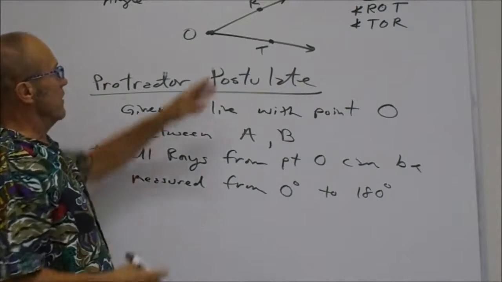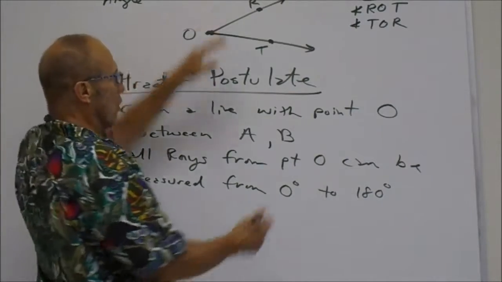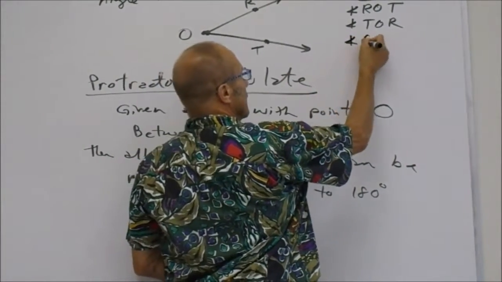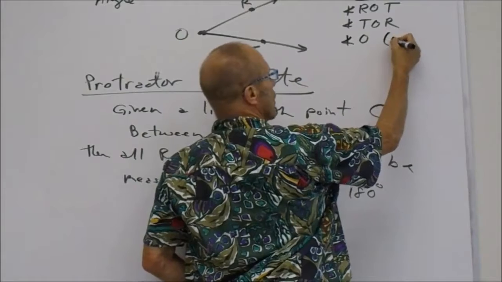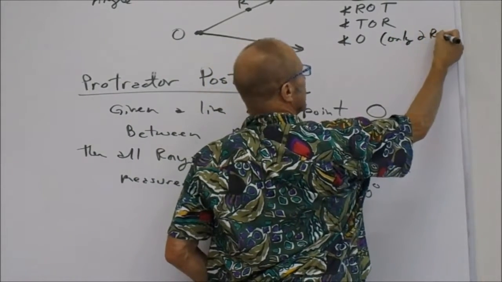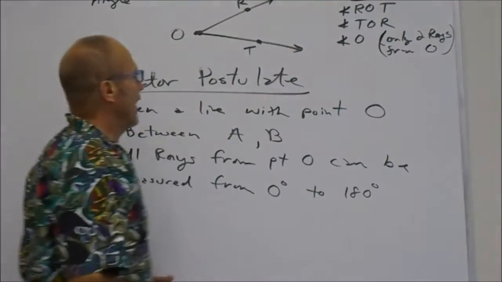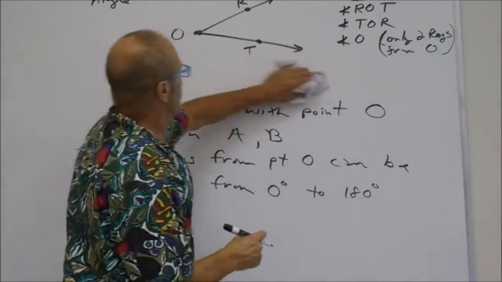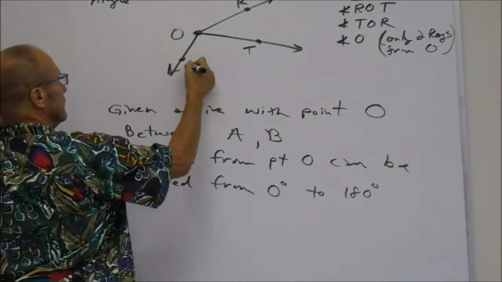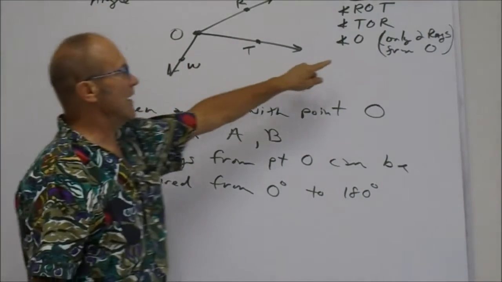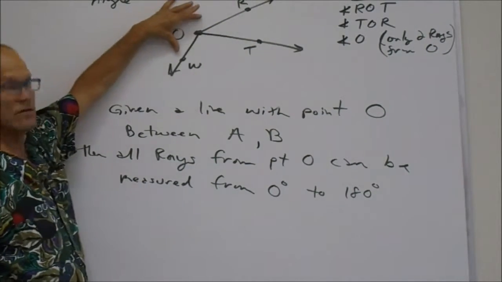And then there's another way to name this angle. The easy way, if you only have two rays coming from one vertex, you could call it angle O. That's if there's only two rays from O. Now, what happens sometimes, if you take another ray off like this, and we call this W, if I say angle O, I don't know which of these angles I'm talking about, because there's actually three.